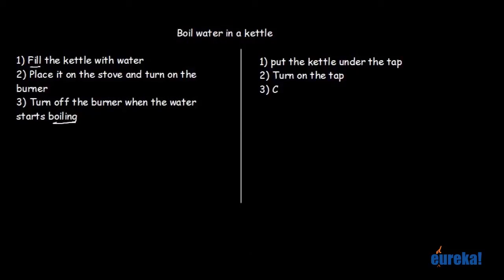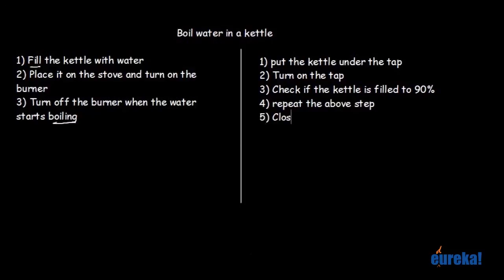So check if the kettle is filled to 90%. If it's not, we just say repeat the above step. So he'll keep repeating the above step until it's filled with 90% of water. Once that's done, say close the tap.